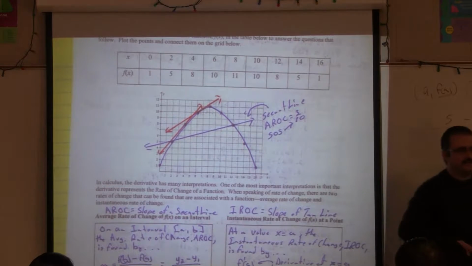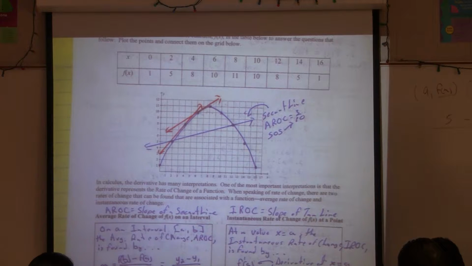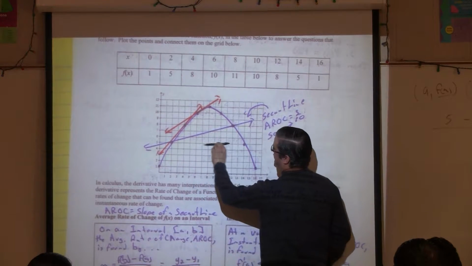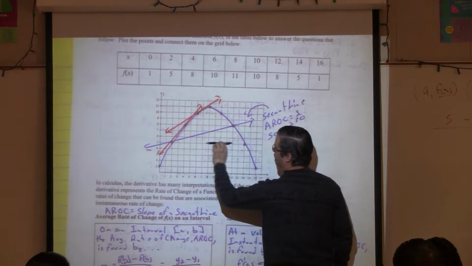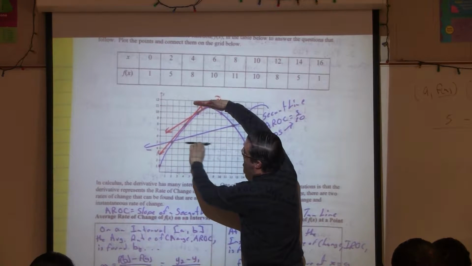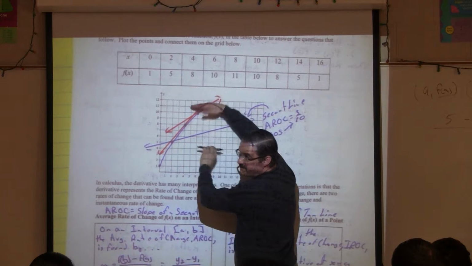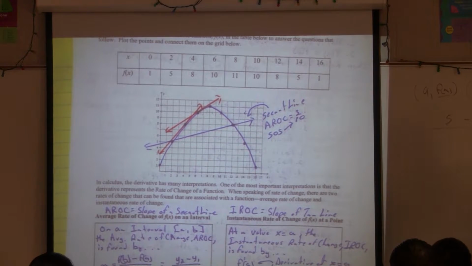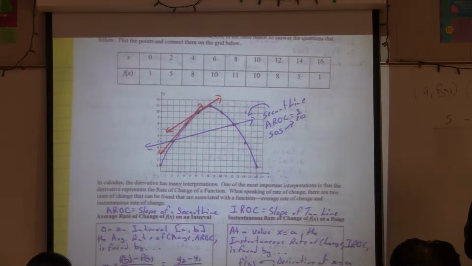Well, mean value theorem says that somewhere in between there, the slope of the tangent line should equal the slope of the secant line between a and b. So think about it, if I drew a line right here, what would the slope of that line be? 0. So is there a tangent line that has the same slope as that one? Yes, at that same C value. That's why it's a special case of the other. You understand? That's why for that one you had to force f of a to equal f of b.